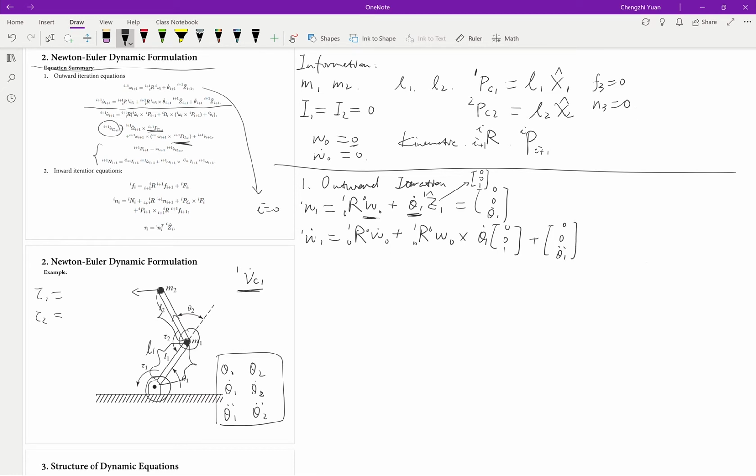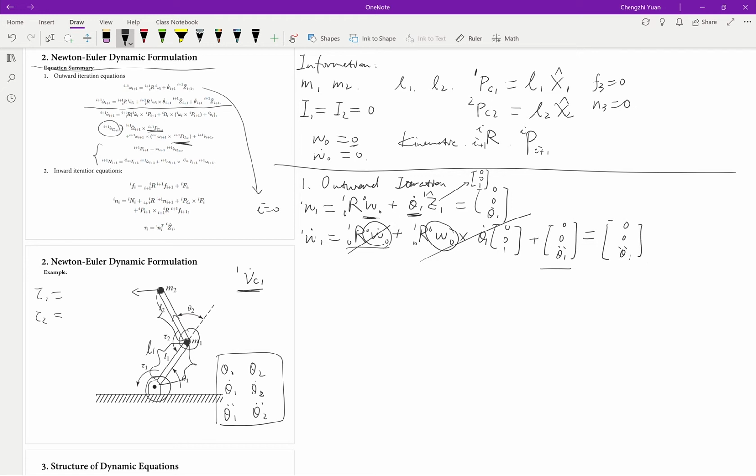Then this will be equal to what? Look at the first term, it will be 0, and the second term will also equal 0, so we end up with only 0 0 and the last term, theta 1 double dot.